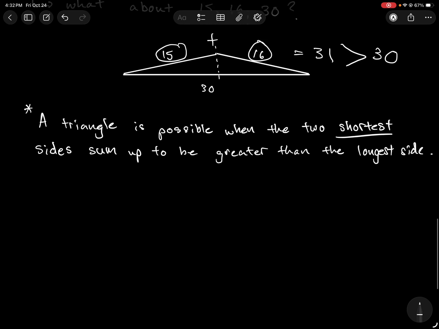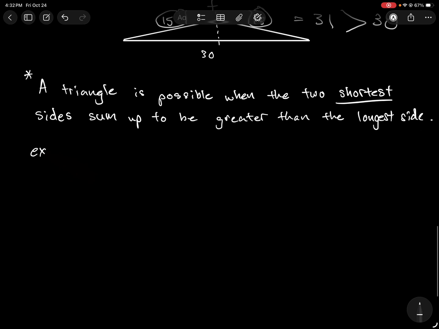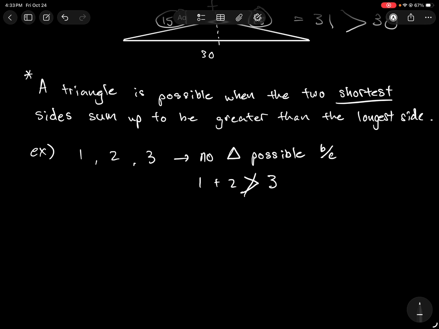So some examples of lengths that may or may not work would be something like 1, 2, and 3. This would not create a triangle. No triangle possible, because 1 plus 2 is not greater than 3.